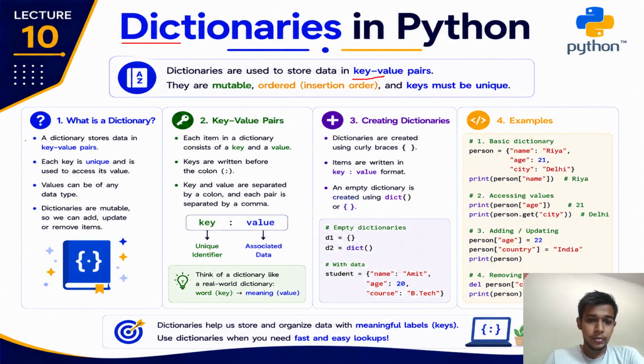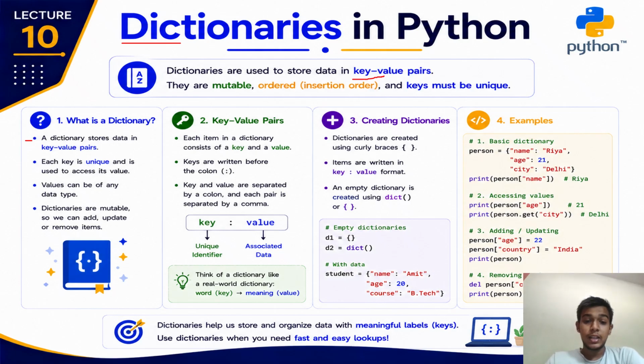The first point, you can see in an English dictionary, every word has a meaning. Similarly, in a Python dictionary, the key is like the word and the value is the information associated with that key. For example, if you want to store information about a student, instead of remembering the name is at index 0 and age is at index 1, we can simply use meaningful keys like name, age, and city.